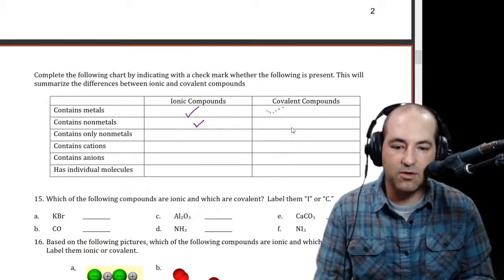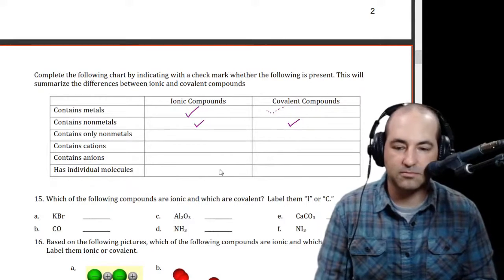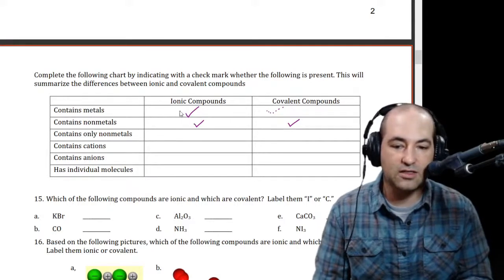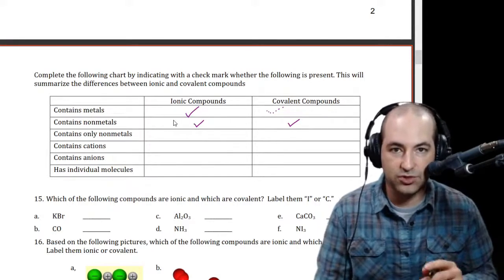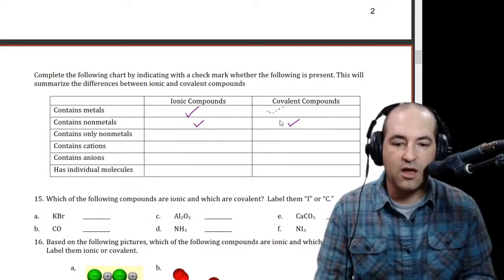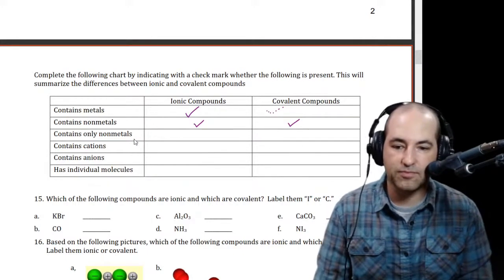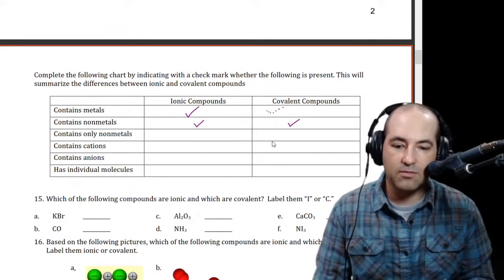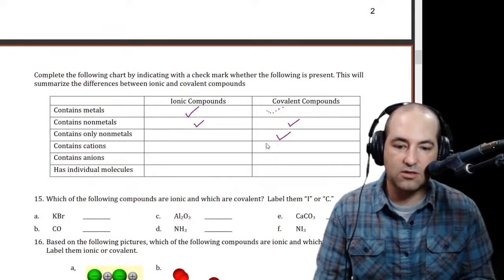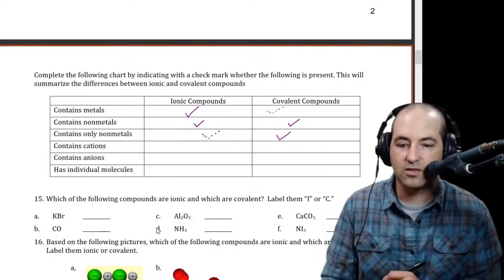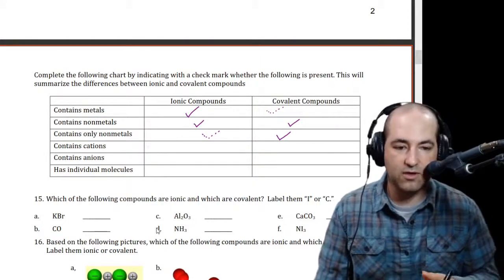Nonmetals are going to be in both types of compounds. Generally as the anions in ionic compounds, generally, with one exception, and as everything in the covalent compounds. Contains only nonmetals, that's generally going to point to covalent, but it's also going to sometimes be the case for ionic compounds because there are covalent ions.